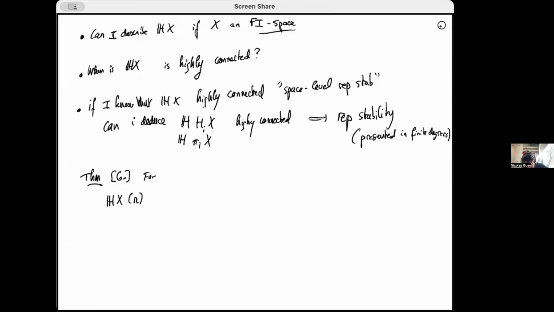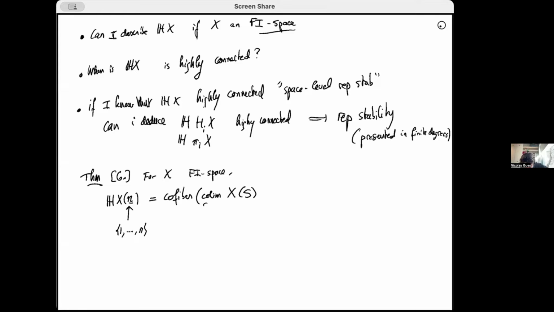So if I take X, which is an FI space, H of X of n is the homotopy cofiber of the natural map from, so I evaluate this on something I will call underline n, which is simply a finite set.